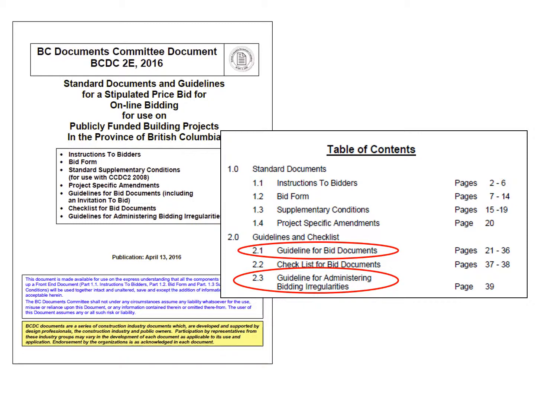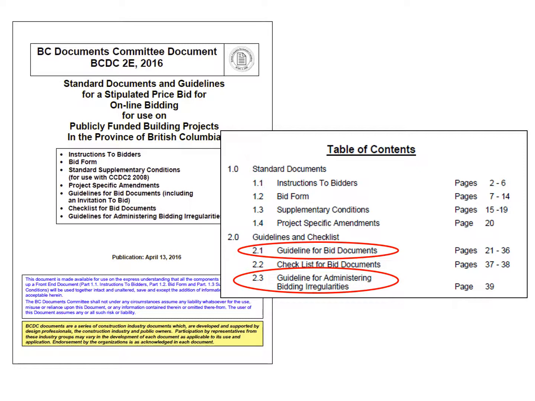Also provided are some valuable interpretations on some general conditions from BCDC2, which will support users in limiting supplementary conditions and assist with helpful tips on understanding the general conditions. As well, there are some specification guidelines for record drawings, cash allowances, and extended warranties, and some guidelines on site visits. Additional resource information references are also provided for BCDC documents.